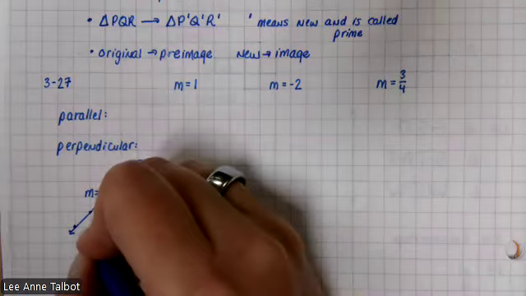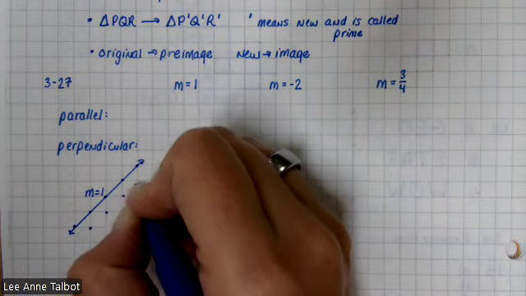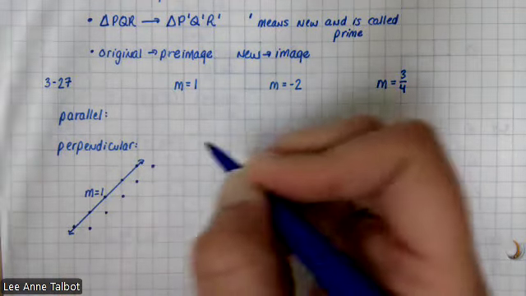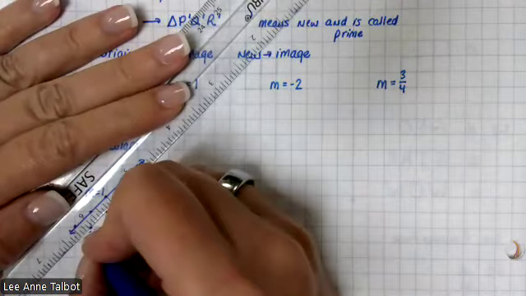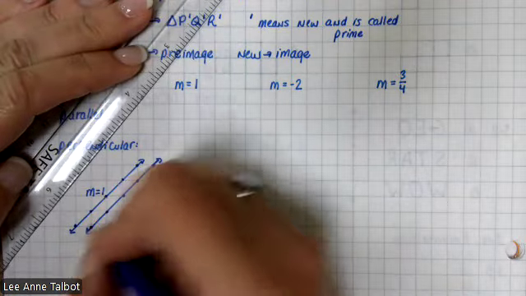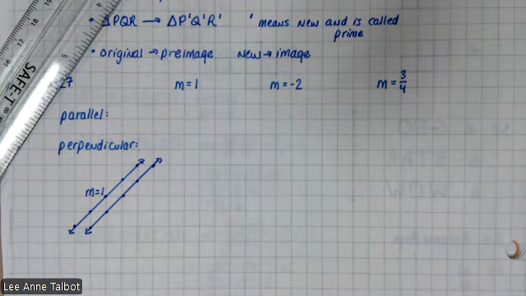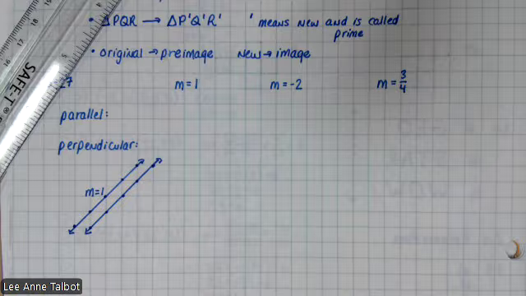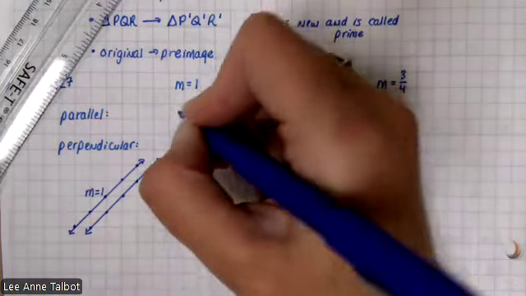Actually, it would be the same, which is weird. So a parallel line would look like that. Those two lines are parallel. What's the slope of that line? 1, okay.